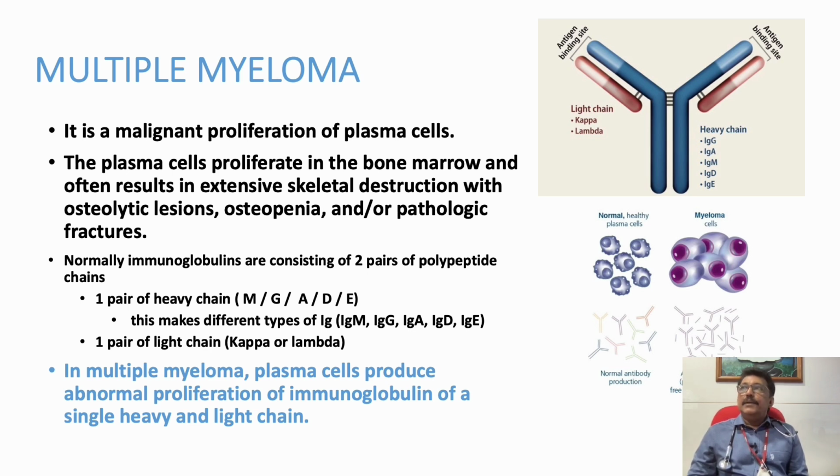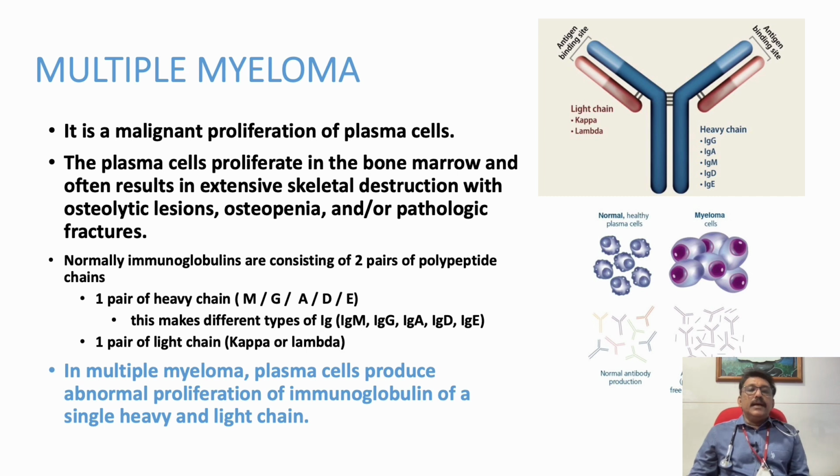It can produce anemia, thrombocytopenia, neutropenia, and it also produces extensive bone destruction. Since it is overproduced in bone marrow, it can produce bone destruction, osteolytic lesions, osteopenia, and ultimately in some patients they develop pathological fractures.